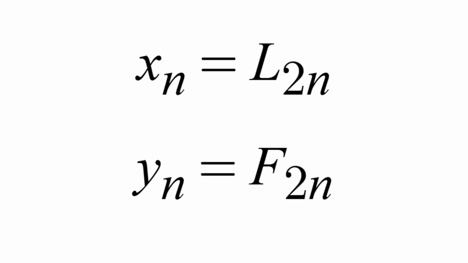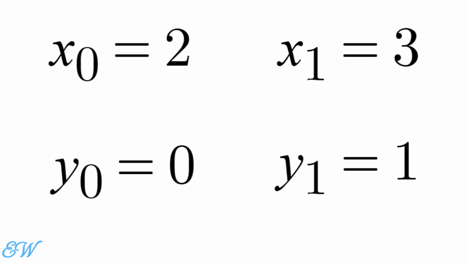So if the last two terms are 1 and 2, for example, you would write 3 as the current term. If we plug in 0, the 0th Lucas number is 2, and the 0th Fibonacci number is 0, and (2, 0) was one of our solutions before. If we plug in 1, we get (3, 1), which is also one of our previous solutions. So that is where this comes into play.